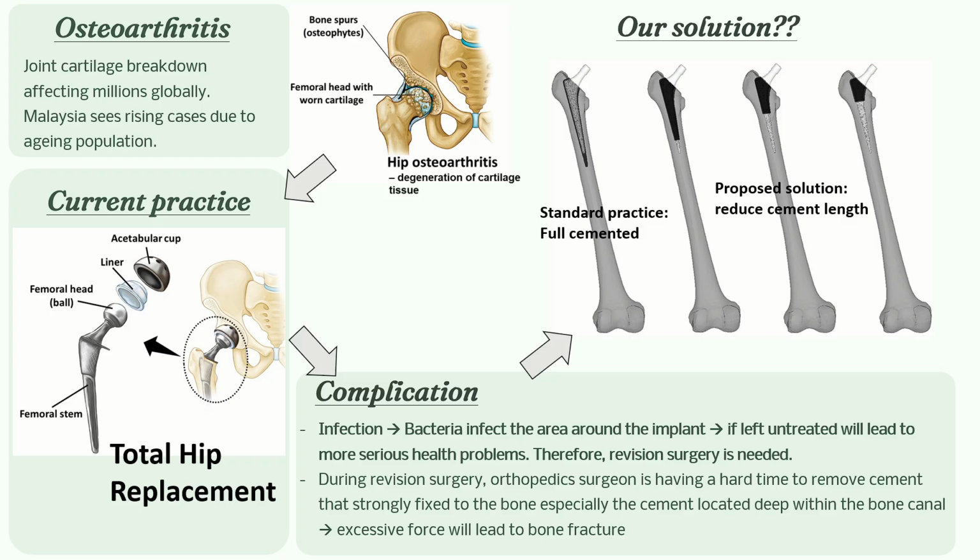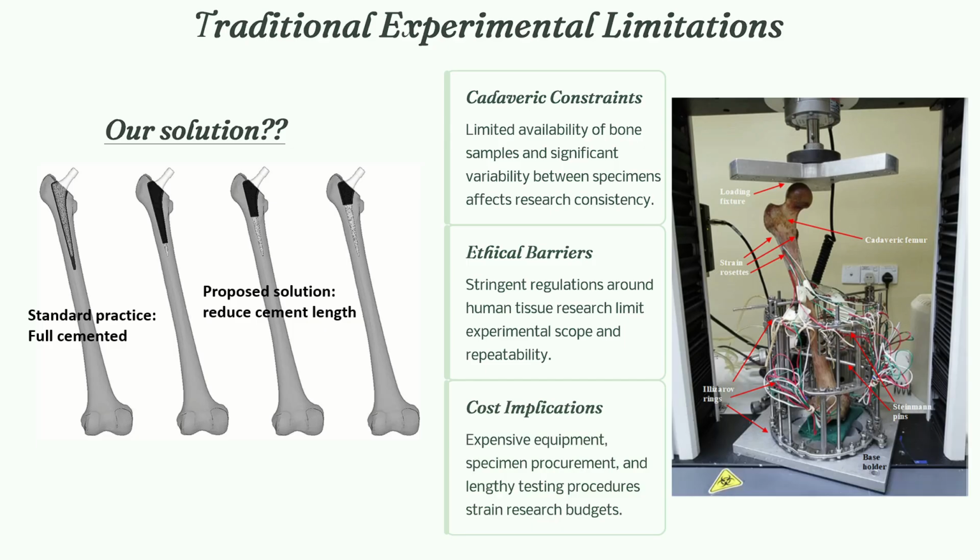To answer this question, we need to use the computational method. Before that, let's take a look at the limitations of traditional experimental methods in biomechanical studies. In our case, we're proposing to reduce the length of the cement. Our hypothesis is that the shorter the cement, the easier the removal process, right?